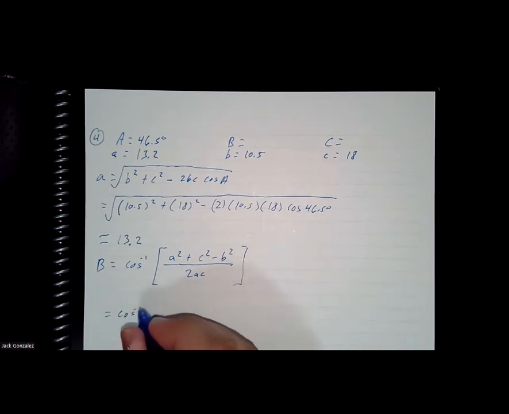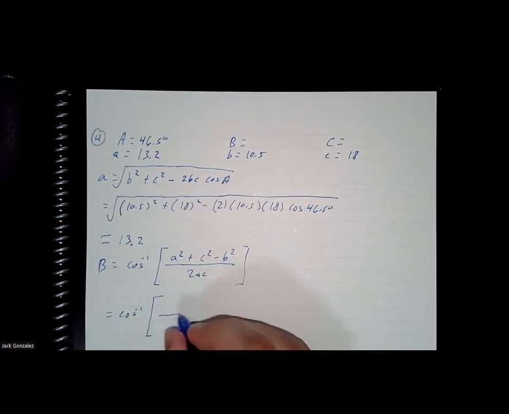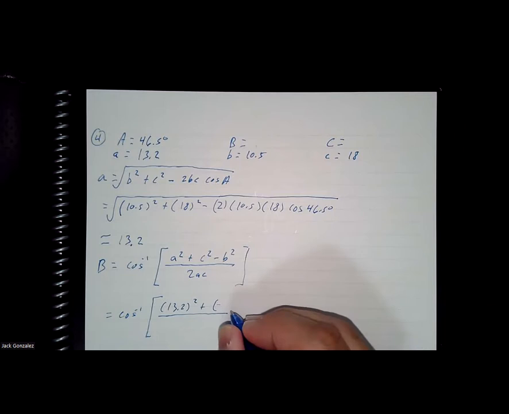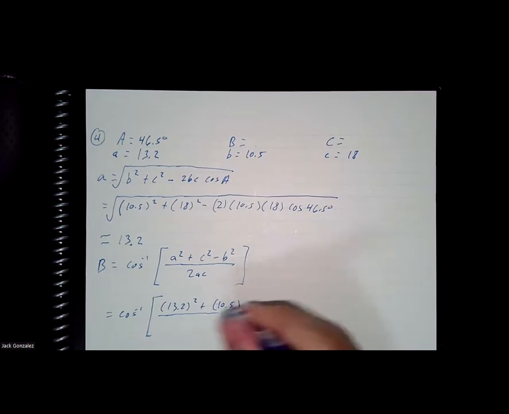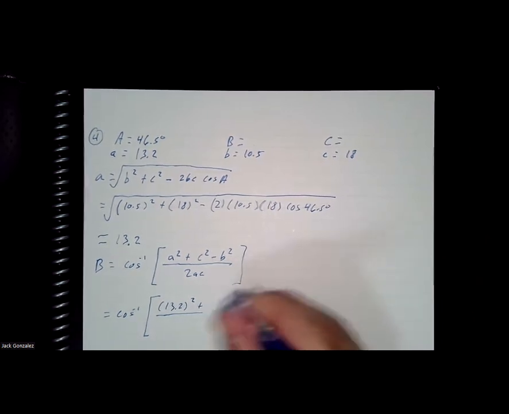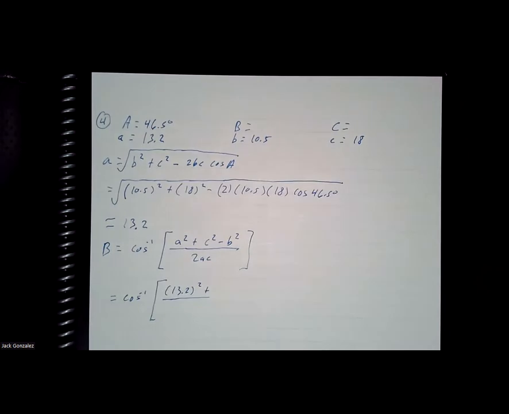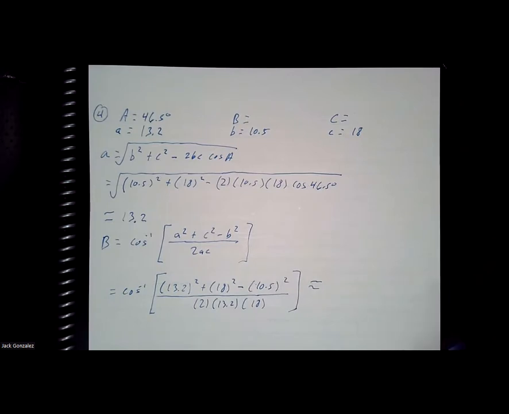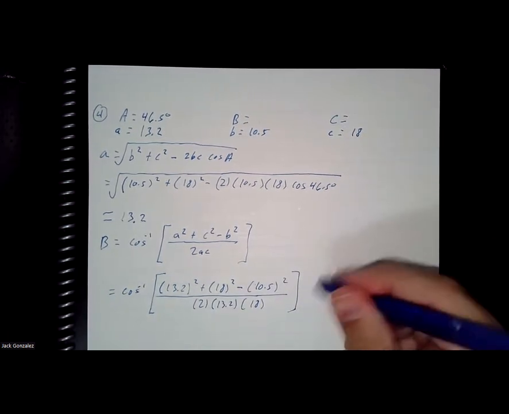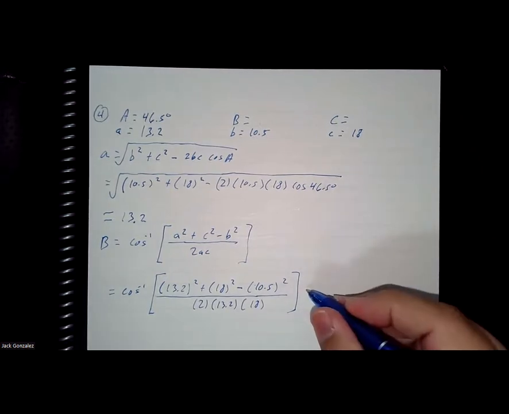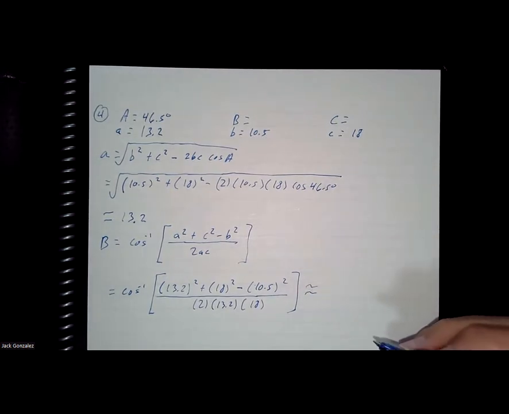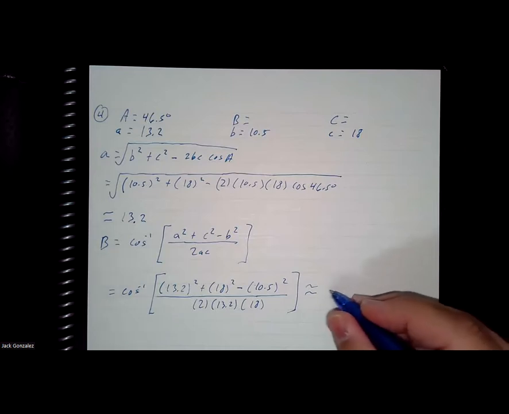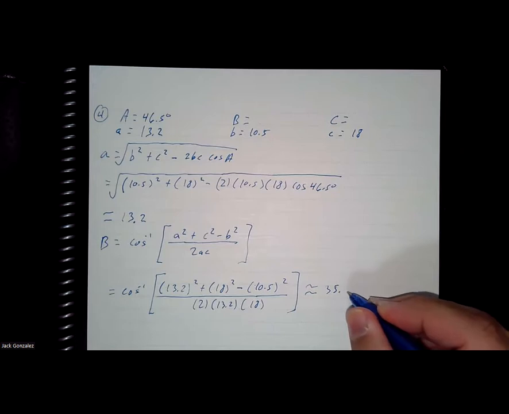So that'll be cosine inverse of 13.2 squared plus 10.5. Wait, dang it. One second. Okay, so just plug in the a, b, and c's everywhere. And that would be approximately, on your calculator, 35.3 degrees.